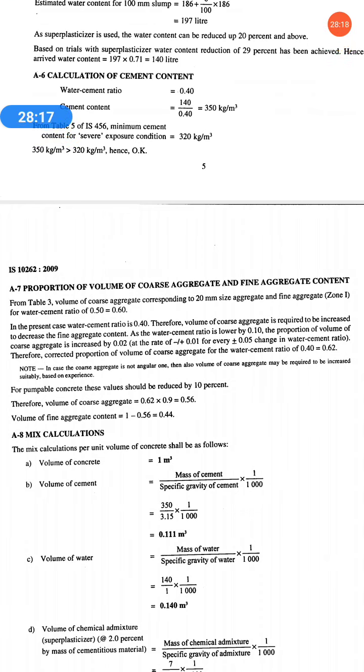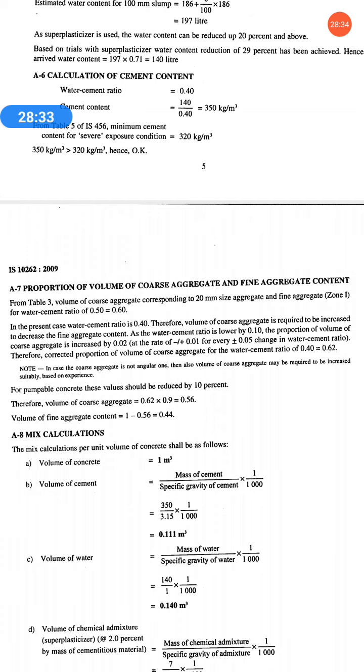See, coming back to our question, proportion of volume. So in the present case water cement ratio is 0.40, second para. Therefore volume of coarse aggregate is required to be increased to decrease the fine aggregate content.